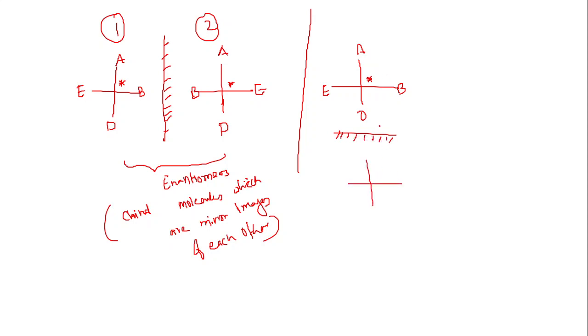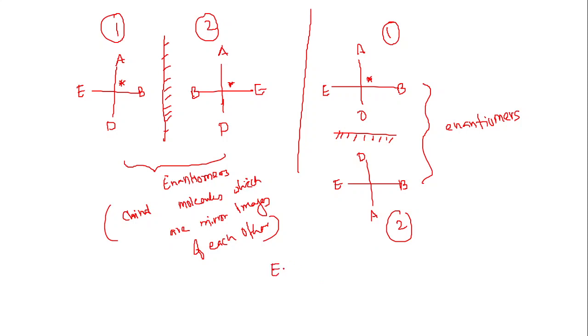This is going to interchange D and A, but not E and B. So again, we will be able to prove that this is molecule 2 again. So this is an enantiomer. Irrespective of where you are putting the mirror, you are going to get the same enantiomer.